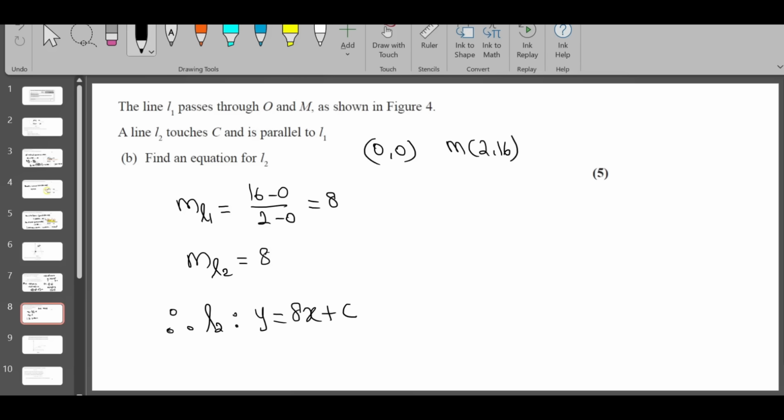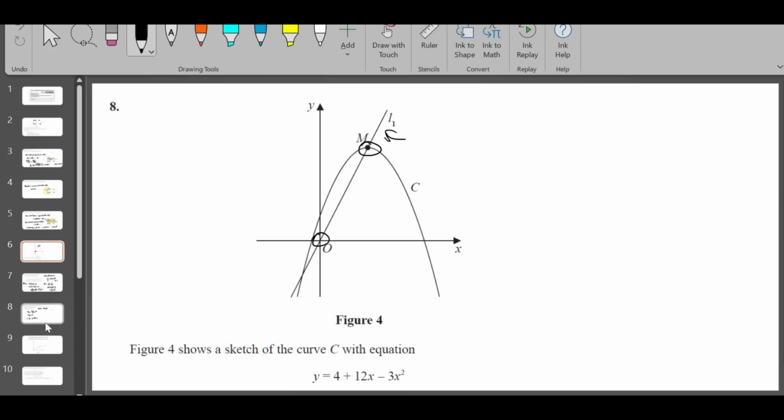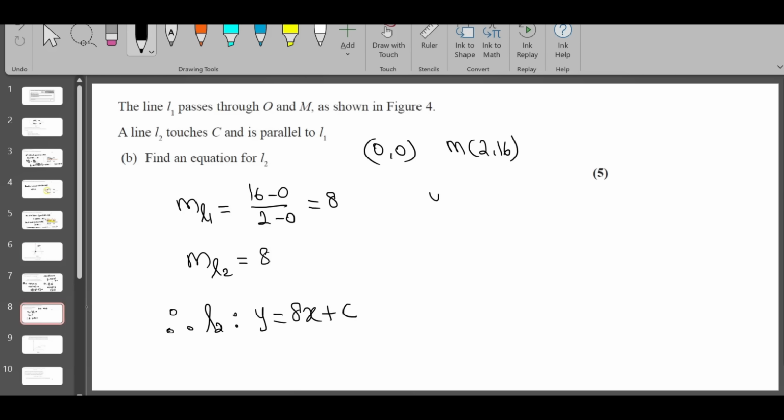C is the y-intercept. And we have the equation of the curve here, 4 plus 12x minus 3x square. Now L2 touches C. They say L2 touches C. That means L2 is a tangent to C. So you need to equate these two, frame a quadratic, put b square minus 4ac is equal to 0.